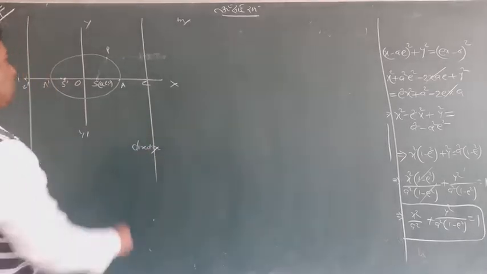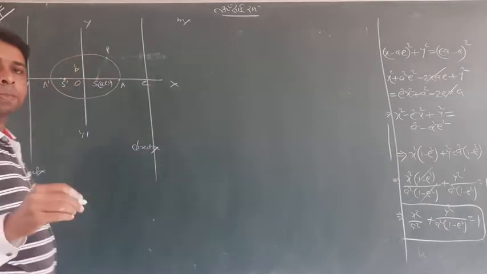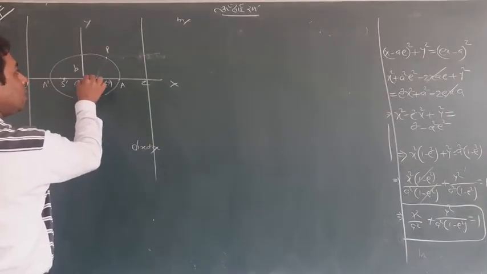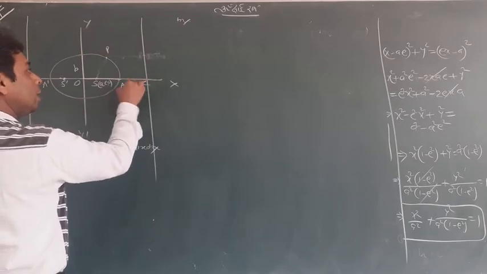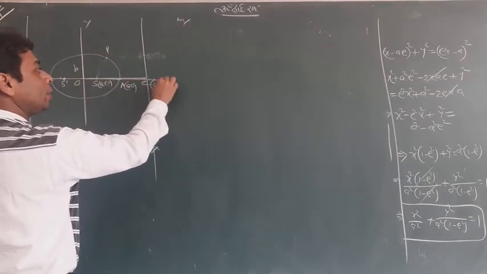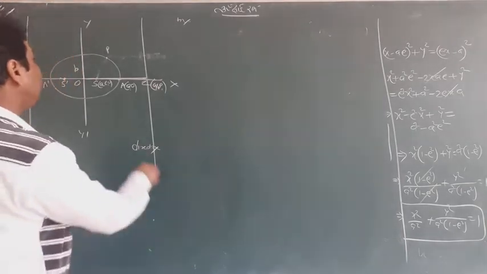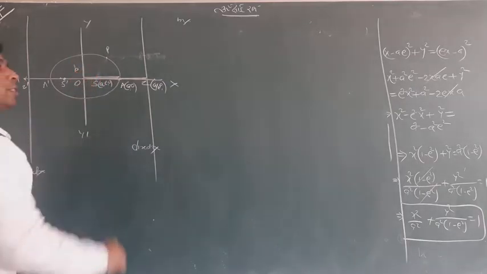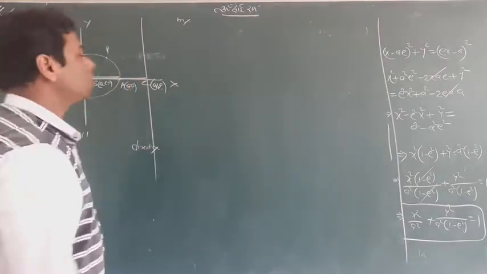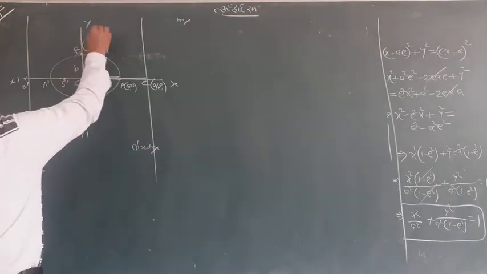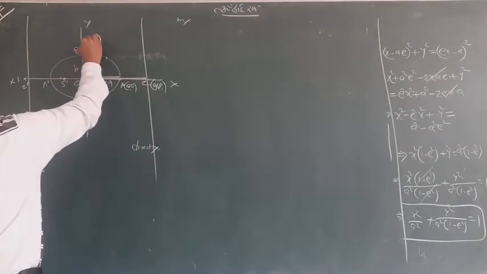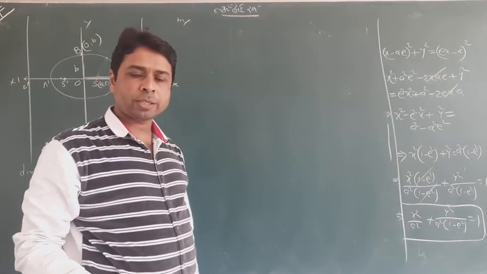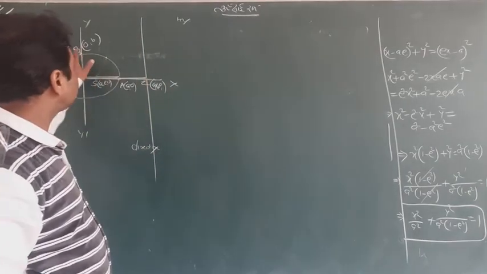This distance is A, you know it, and this distance is A upon E. I assume that this distance is small b. When you suppose it is small b and I name it B, what about that vertex? It will be 0b. It's very simple, 0b.